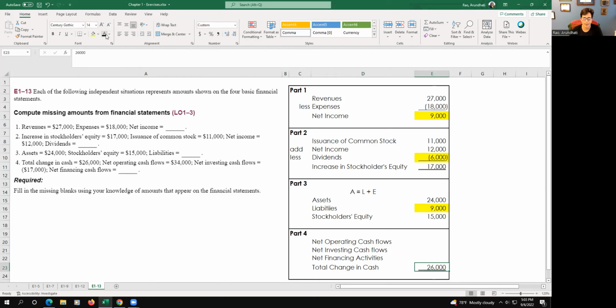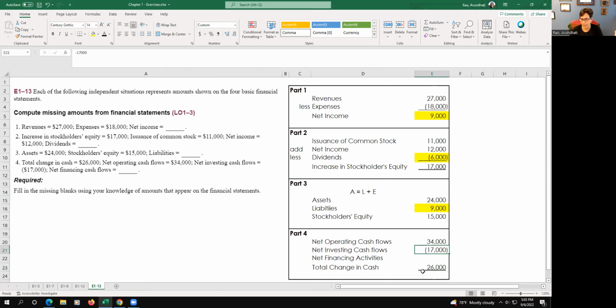The net change in cash they've told me is 26. I know my operating activities is 34 because that's given to me. I know my investing activities is minus 17. So 34 minus 17 plus X equals 26.